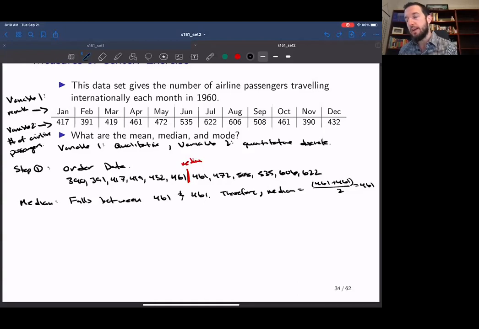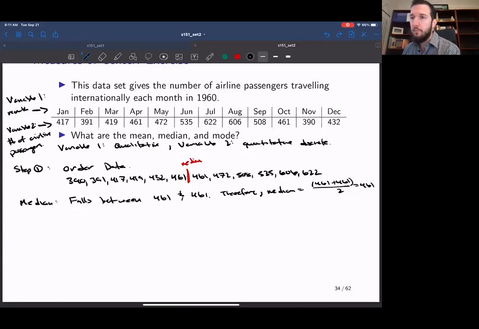So our objective is to find the measures of center for both variables: for the month of the year, and for the number of airline passengers that traveled each month.